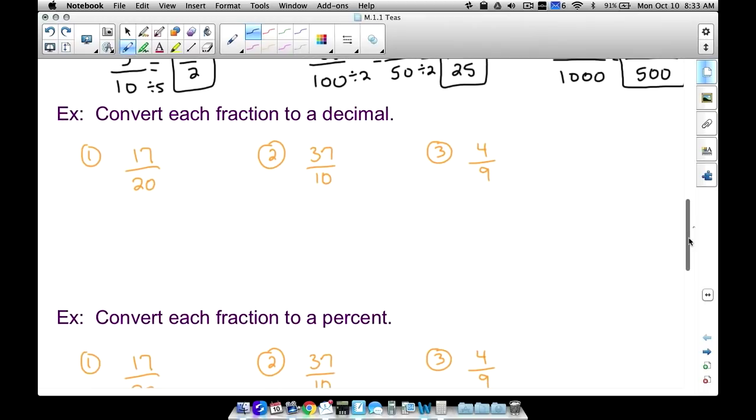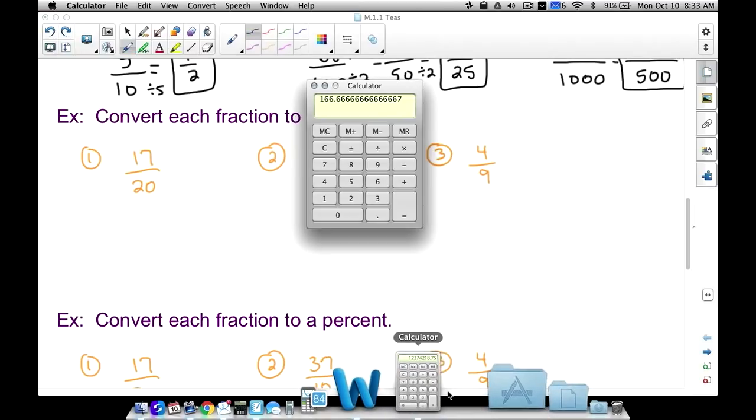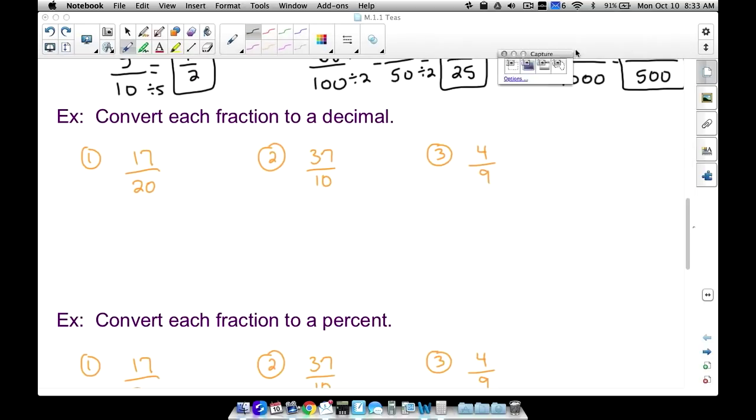Now, calculator, calculator, calculator. Convert each fraction to a decimal. Well, all you really have to do here, a fraction is none other than just division. So 17 over 20 is really 17 divided by 20. Now, I'm going to show you how to do these pencil and paper, but I want to go ahead and throw that out there, that really all you're doing here is dividing.